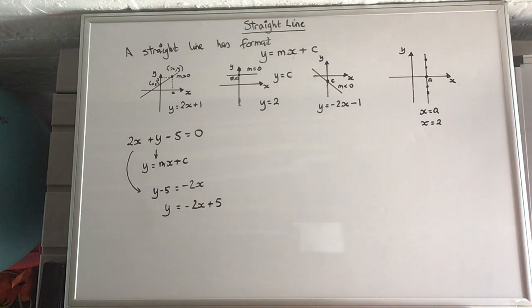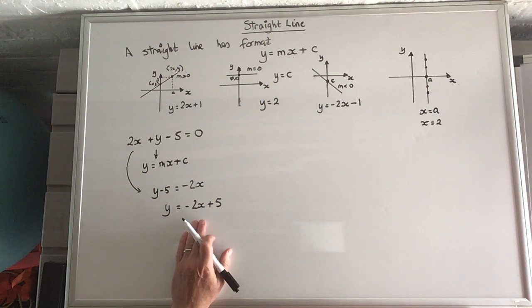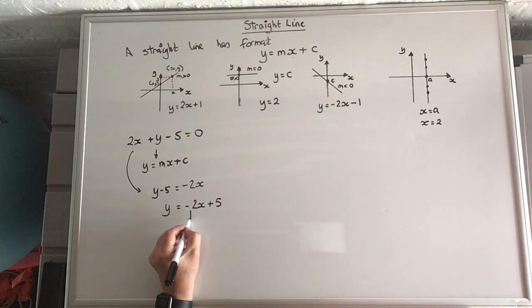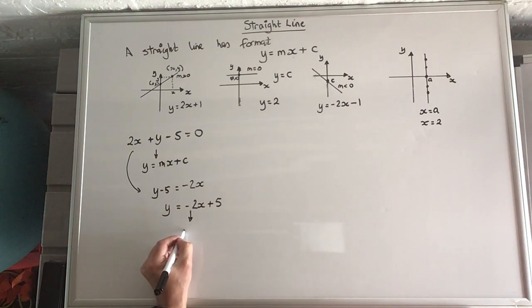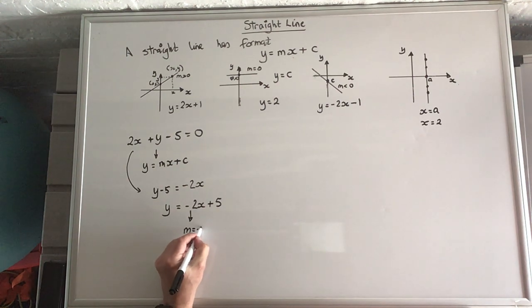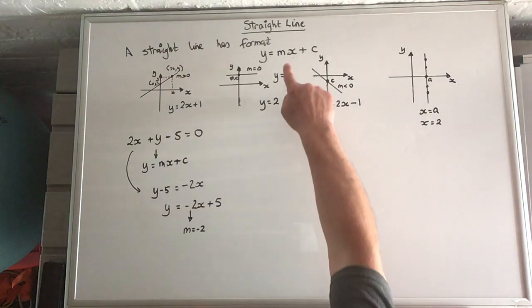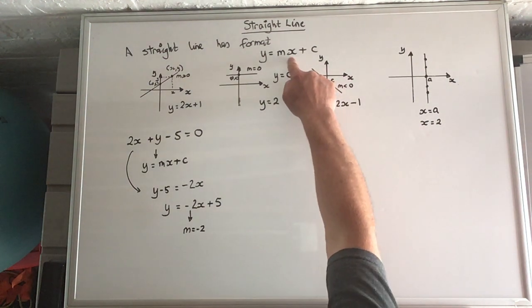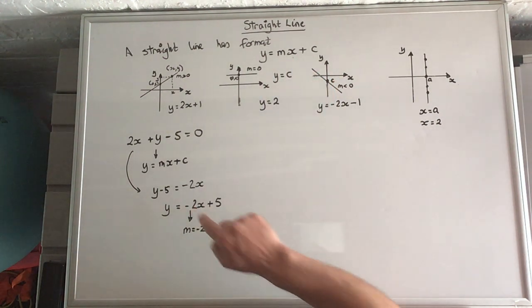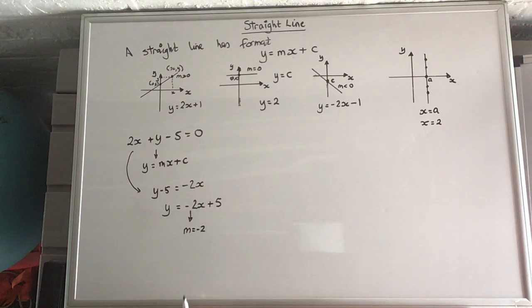Now, the question was, what's the gradient and what's the y-intercept? Well, if you get to this stage here, you will lose marks because you've not answered the question. The minus 2 is the gradient, so gradient is minus 2. If you look at the original equation, m is before the x, so the bit before it is minus 2, so the gradient is minus 2.